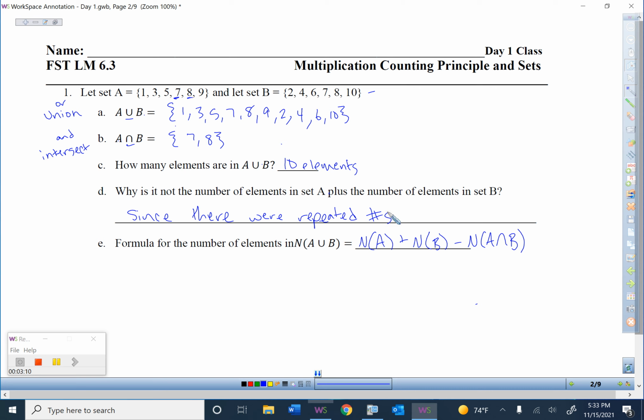All right, that's what we did here without a lot of work for part C, is just by listing it. Okay, so when you can list out your set and there aren't a whole lot of numbers, I encourage you to do it that way. Okay, this formula is useful when we have larger sets and we don't want to take the time to list stuff out.